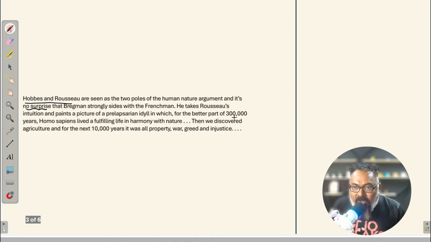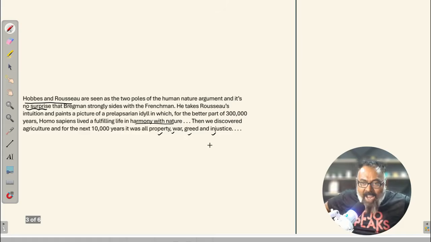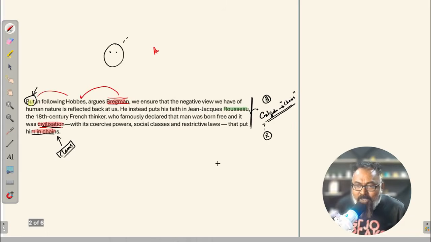In which for the better part of 300,000 years, Homo sapiens lived a fulfilling life in harmony with nature. Then we discovered agriculture, and for the next 10,000 years, it was all property, war, greed, and injustice. Hey, there is a support for this particular point.